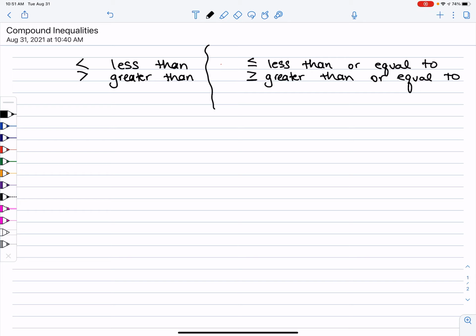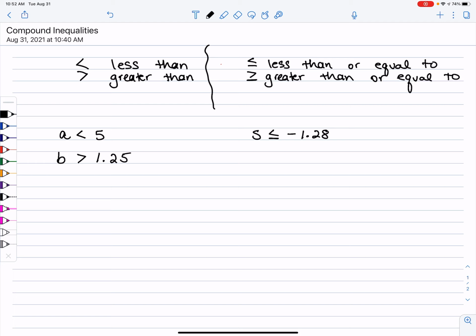So we can say something along the lines of A is less than 5. Or we can say B is greater than 1.25. We can also say S is less than or equal to negative 1.28.